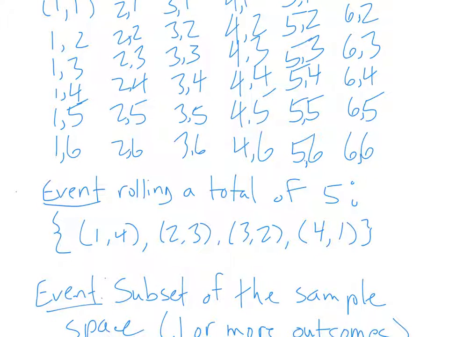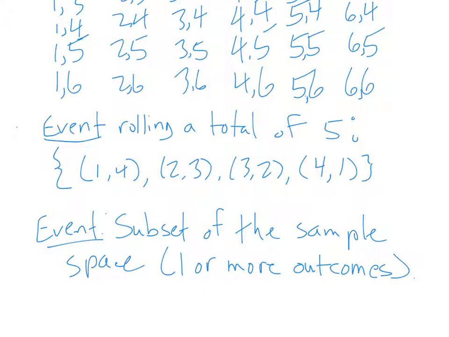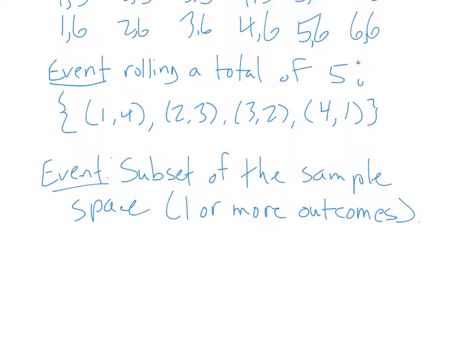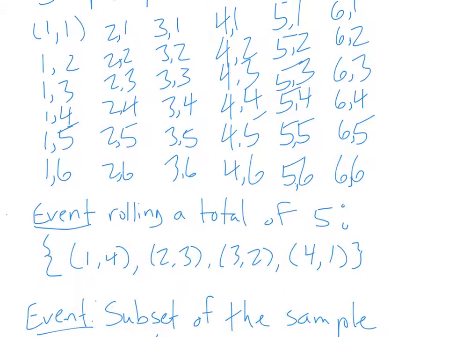So the event rolling a total of 5 would be the set of 1 and 4, 2 and 3, 3 and 2, and 4 and 1. And we say an event is a subset of the sample space. So it's just one or more outcomes. So again, the event of rolling a total of 5 is the set of these 4 outcomes. And we're always looking for the probability of events. So events are kind of what we're focused on.